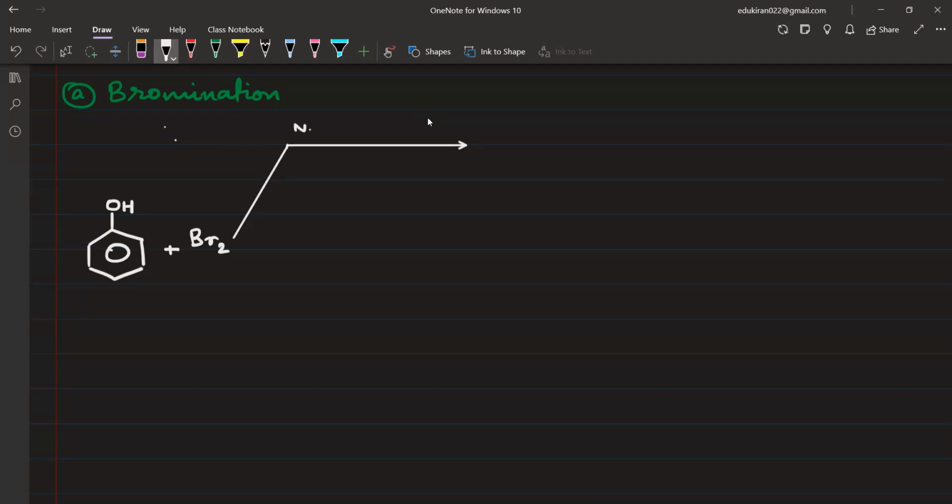So if I have a non-polar solvent, the example is given in your textbook, in NCERT they have given CS2. You can also use CCl4, and you can use any other organic solvent which is not going to help in the dissociation of OH to H plus.